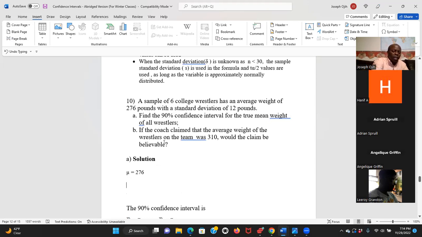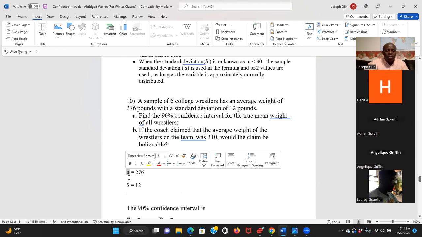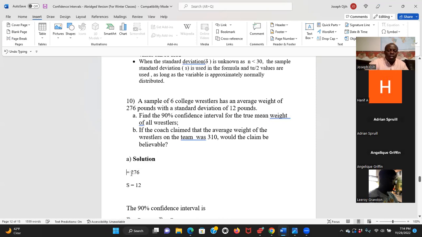So we're going to use s equals 12 pounds. Now, the symbol I used here for the mean is the wrong symbol, because that one is the population mean. The mean we are looking for is the sample mean. So I'm going to correct this and remove it.